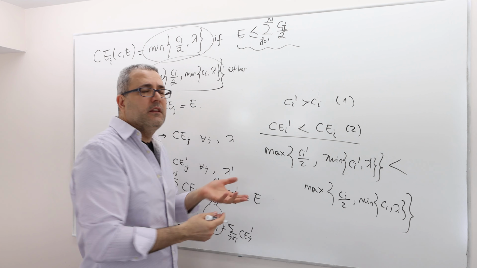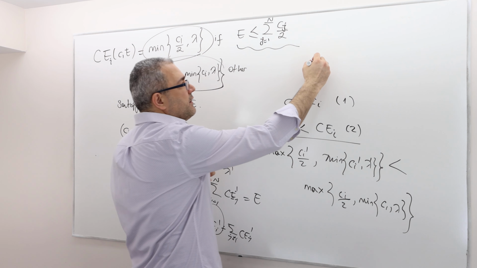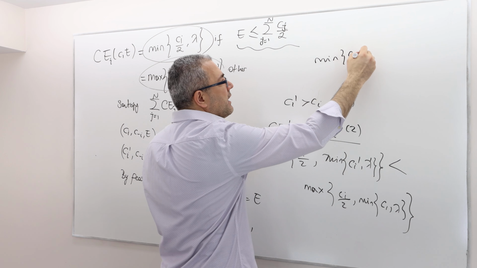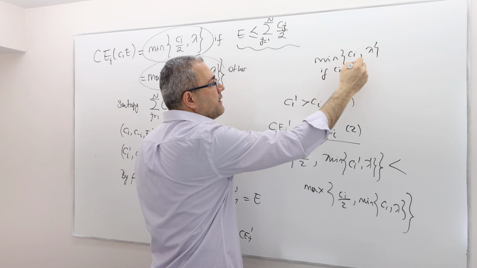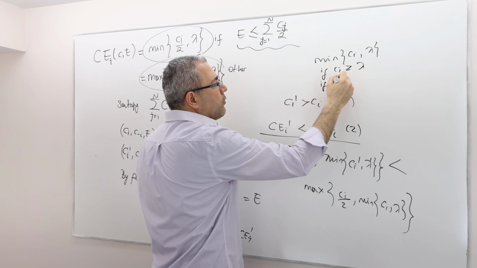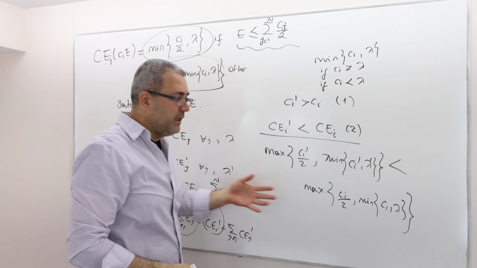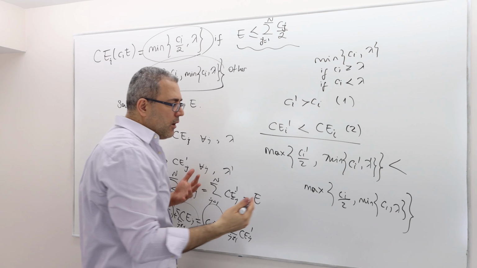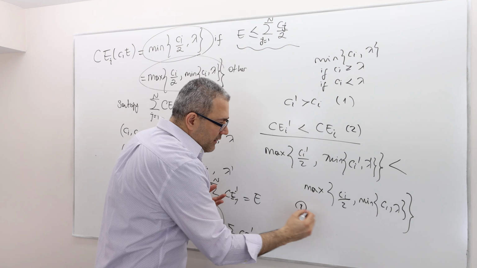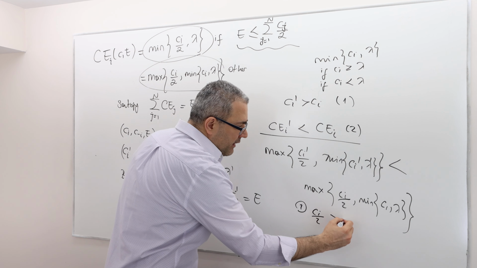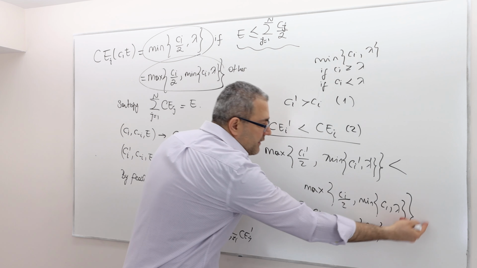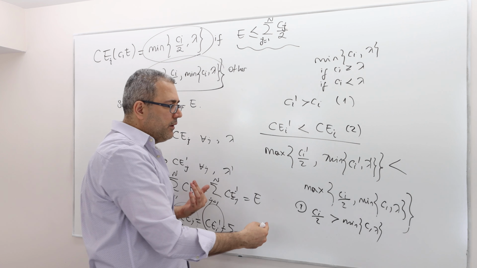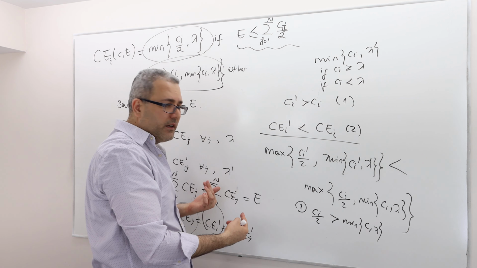But obviously the things are going to be different here. So remember, in the previous proof, I had a very simple case, like minimum of CI and lambda. So I had 2 cases: if CI is greater than or equal to lambda, or if CI is less than lambda. Here, obviously, I have more cases. Why? Well, one case is that CI over 2 is greater than min of C and lambda, because in this case, this is going to be equal to CI over 2. And then I have to compare it here.